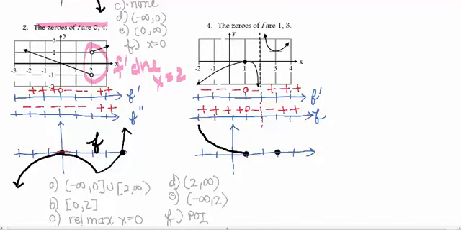Then I have 0 slope at that point, and then it continues on to be negative slope concave down until x equals 2, at which point f prime does not exist. So again, just like earlier, here we have f prime DNE at x equals 2.